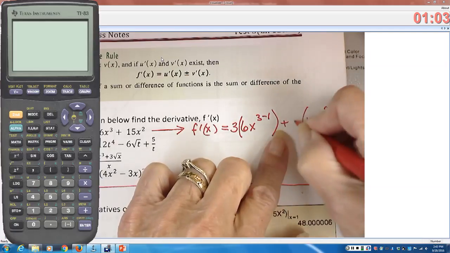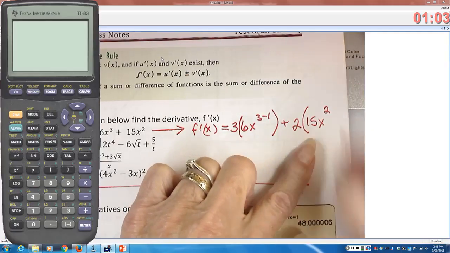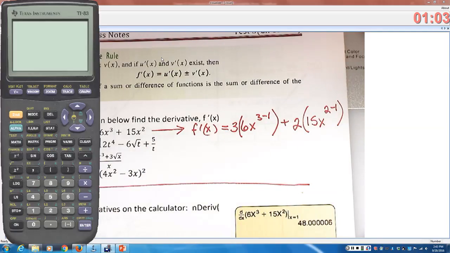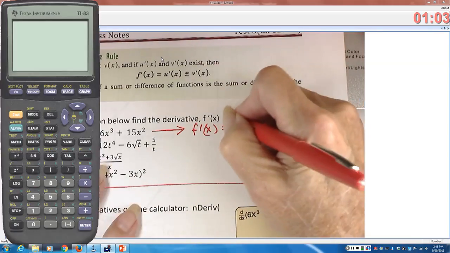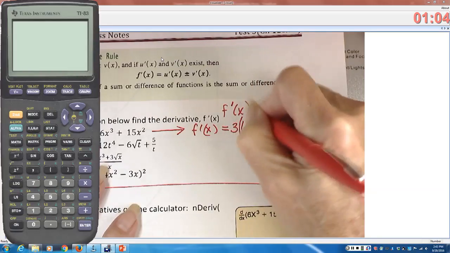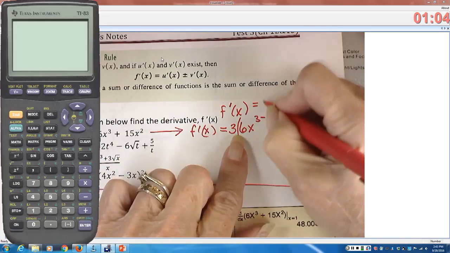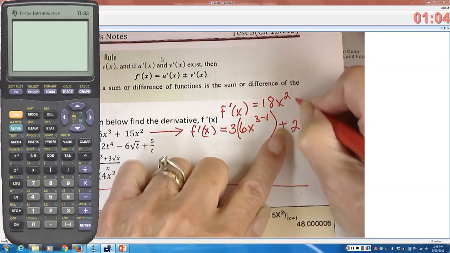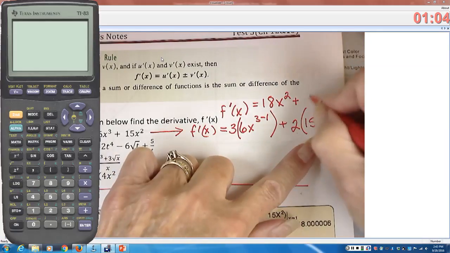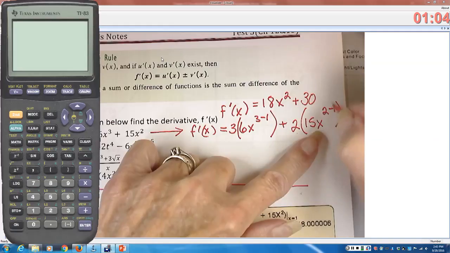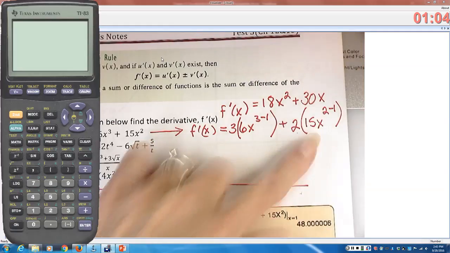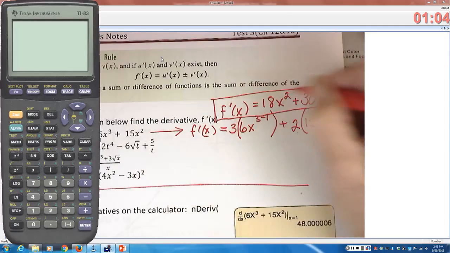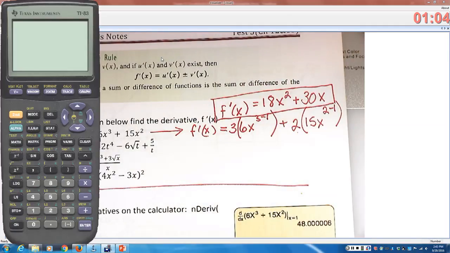My 2 is going to drop and decrease. So f prime of x is going to be 3 times 6 is 18x to the second, plus 2 times 15 is 30x to the first, or just x. Okay?